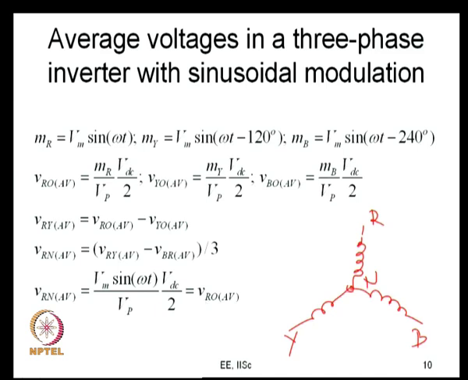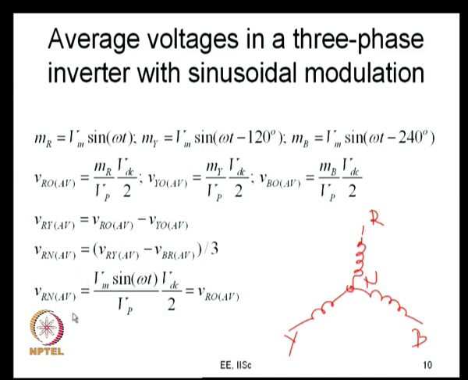So, in the case of sinusoidal modulation, you are using 3 phase sinusoidal signals, your average pole voltages are sinusoidal, and the average line to line voltages, which are the differences between the average pole voltages, are again sinusoidal, and the average load phase to neutral voltages are once again sinusoidal, and the load phase to neutral voltage VRN average is the same as VRO average. In fact, this is the idea behind sinusoidal modulation.